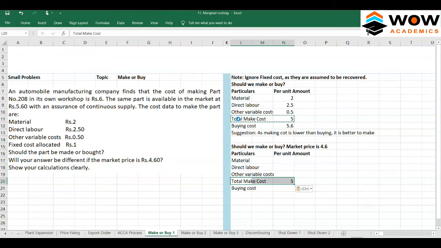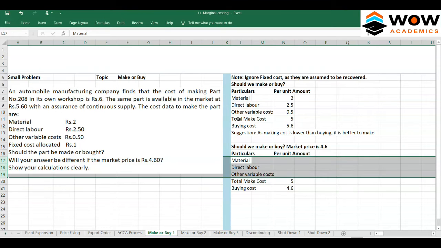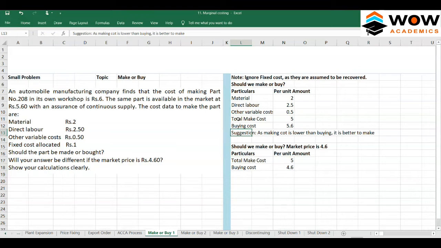And if you could buy it at 4.6, that seems to be much better. So we can say, as making cost is higher than buying, it is better to buy.